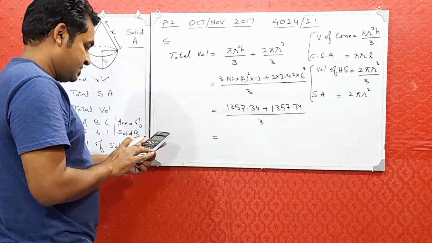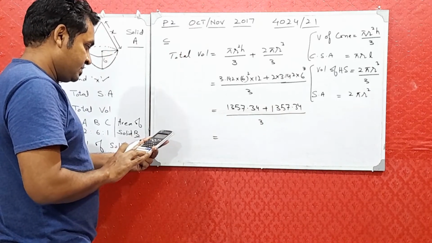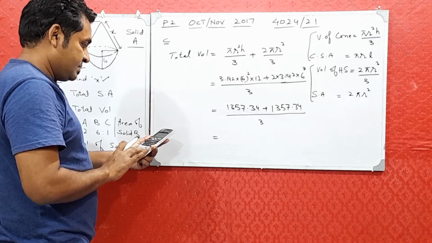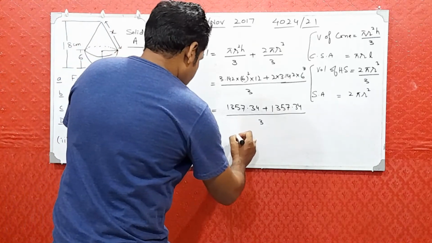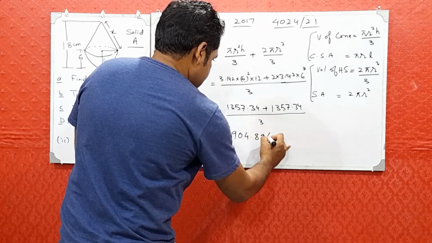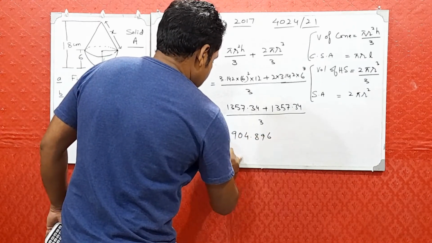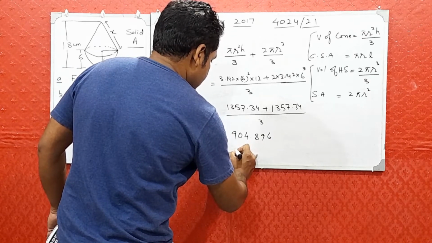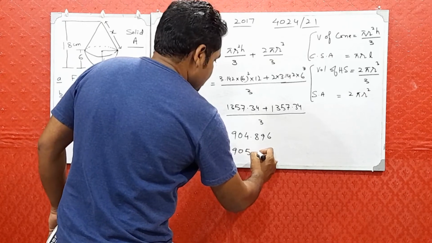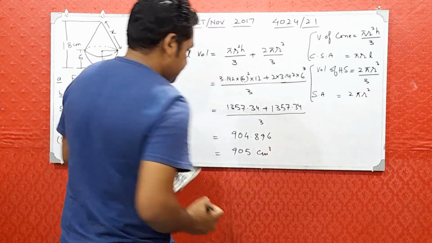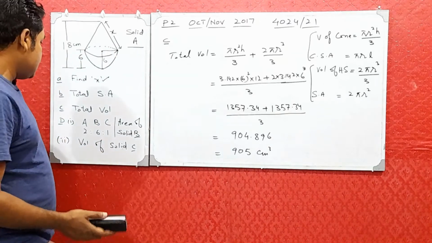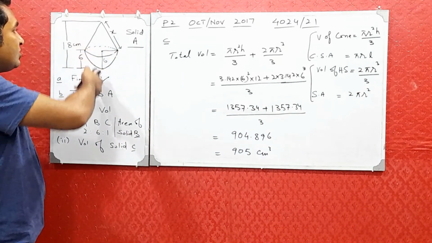So now just multiply it by 2, 2714, and divide it by 3. So it is 904.896, or you can round it off to the nearest whole number, that is 905. So this was volume, so centimeter cubed. In part number C, they have asked the total volume of this solid.